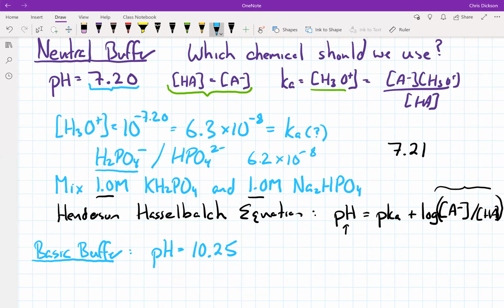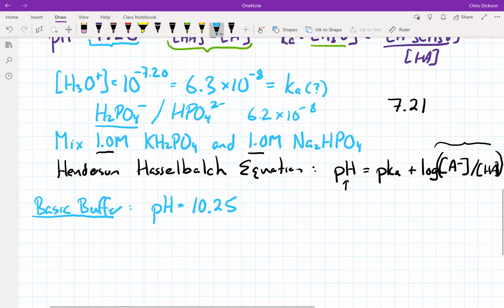So once again, you could pause the video here and see what you think we should choose for a chemical here. Okay, so I know for any buffered system, as long as I make the concentration of the acid and base the same, the Ka should simply be equal to the hydronium concentration of my solution.